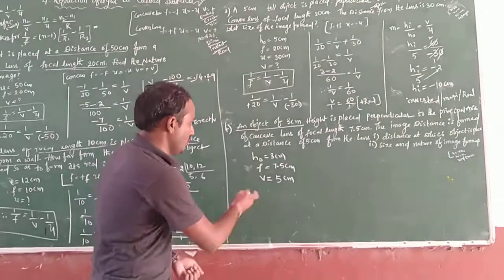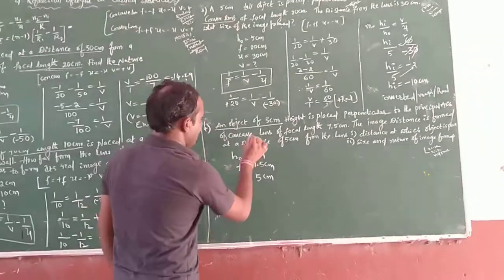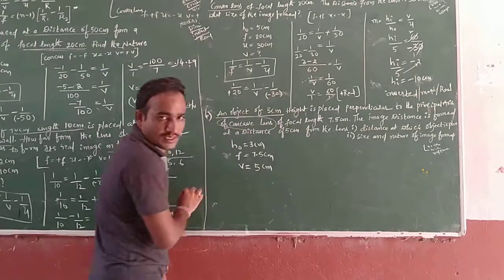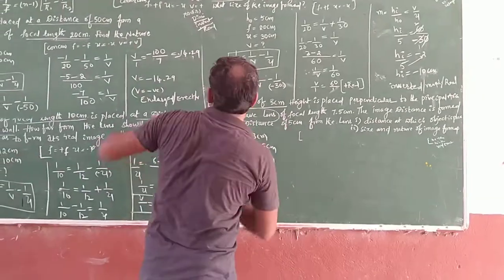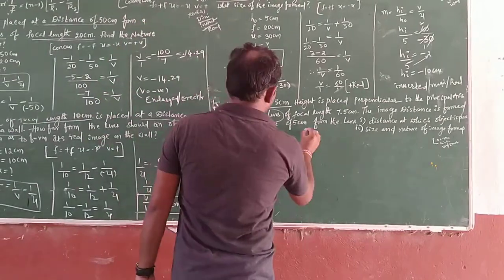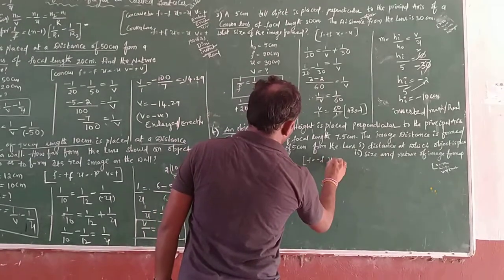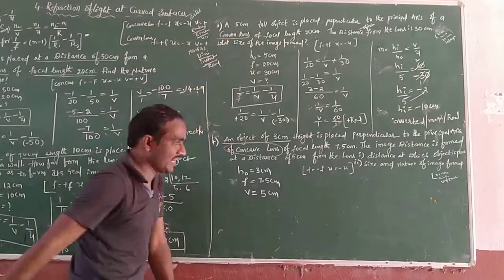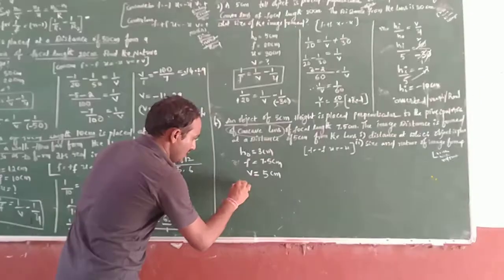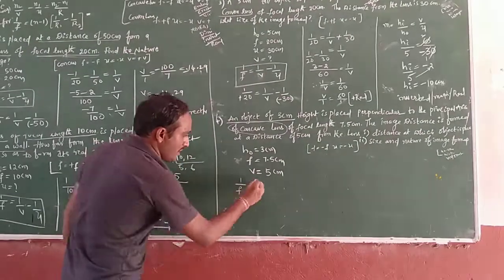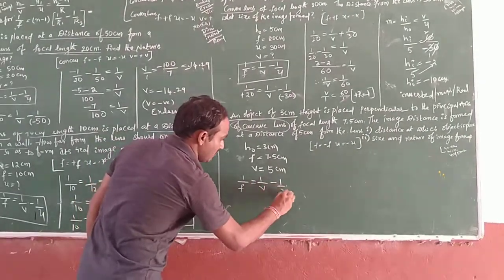See here, we know this lens formula. Which lens? Concave lens. For a concave lens we know the sign convention rules: f value we take negative, u value we take negative. The lens formula is 1 by f is equal to 1 by v minus 1 by u.